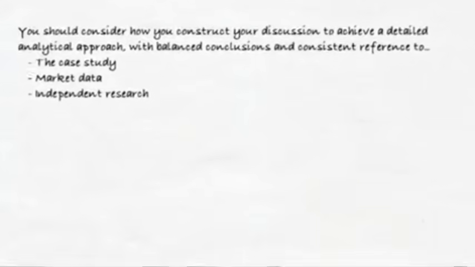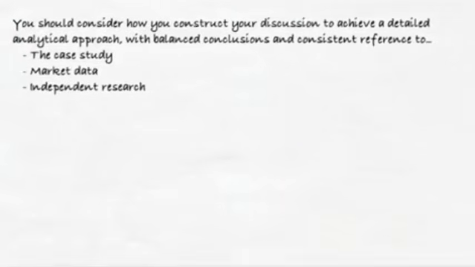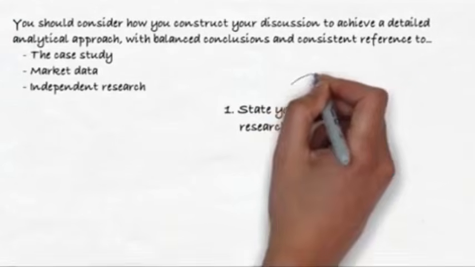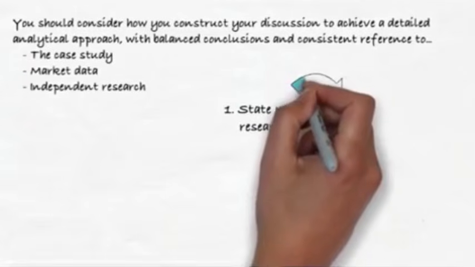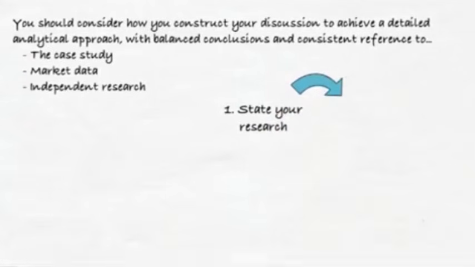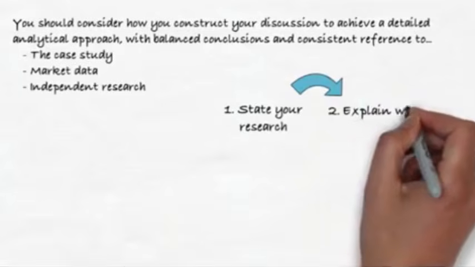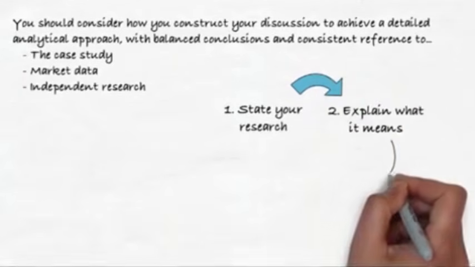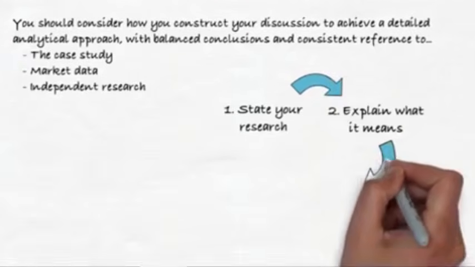Consider using the following model to clearly analyse each of your points and make sure that you consistently analyse the data in the context of the case study. State your research using evidence, such as a quote or statistic if possible. Explain what it means. The examiner will not read between the lines or make assumptions.